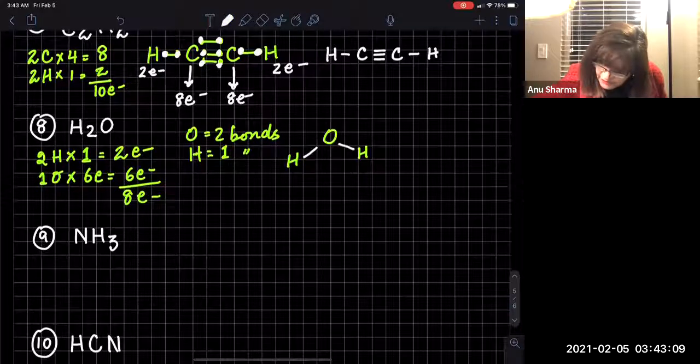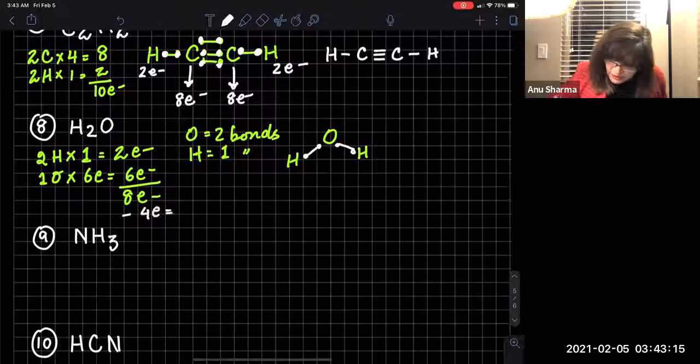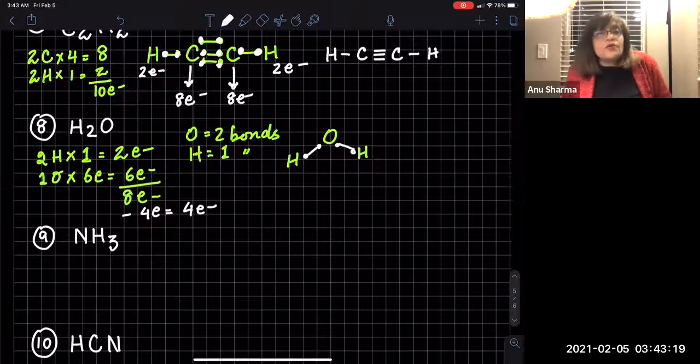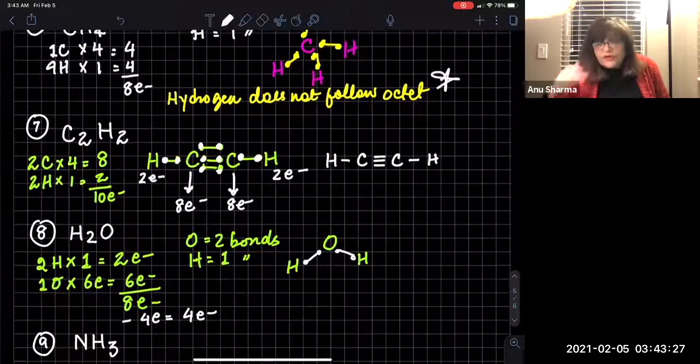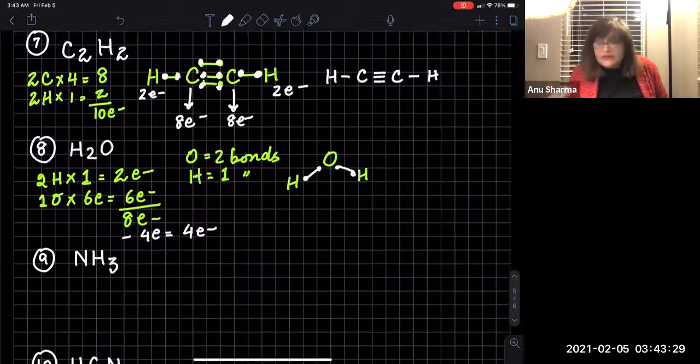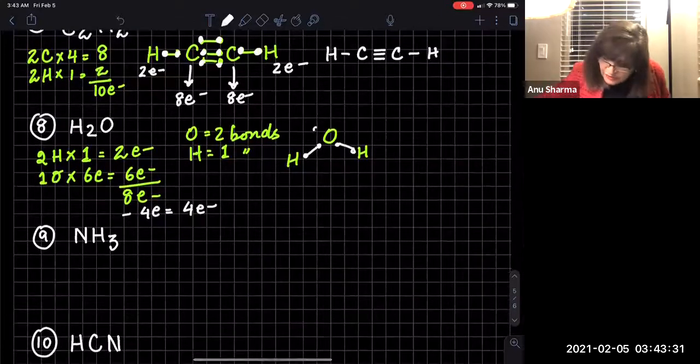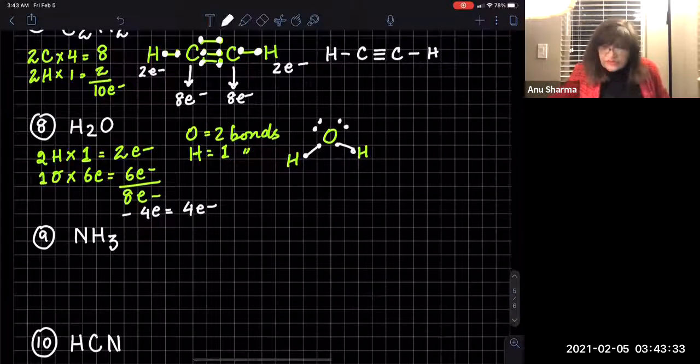1, 2, 3, 4. 4 electrons got used up. So 8 minus 4 electrons is equal to 4 left over. And where are they going to go? On the central atom, because hydrogen, same story, does not follow the octet. So there is no need to put the remaining electrons on hydrogen. It doesn't make any sense. The remaining electrons are going to go on oxygen.